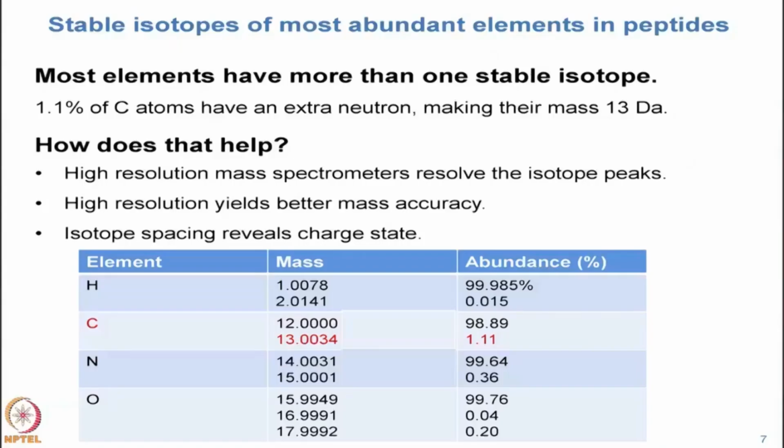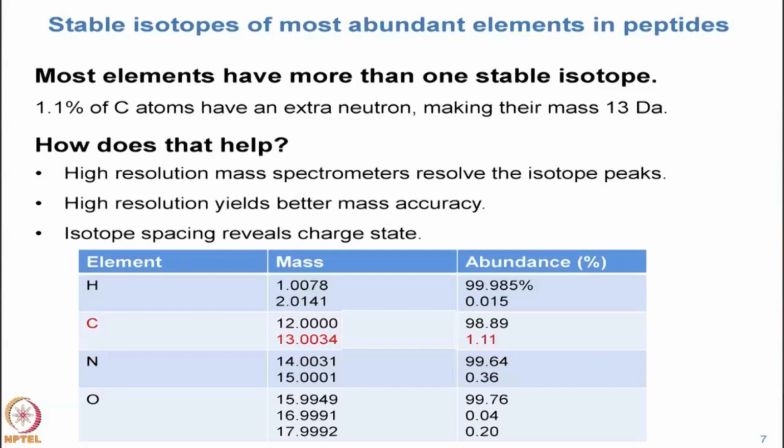All right. We measure mass. What is mass? The elements that contribute to proteins are dominated by hydrogen, carbon, nitrogen, and oxygen. The masses are shown here. It's important to understand that each of those atoms or elements does not exist as a single species.